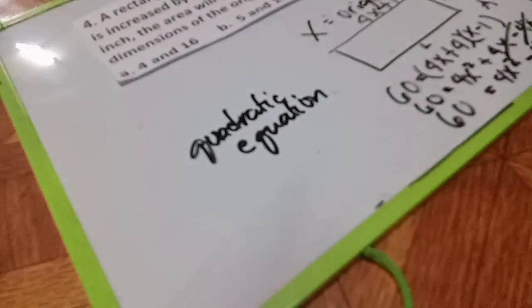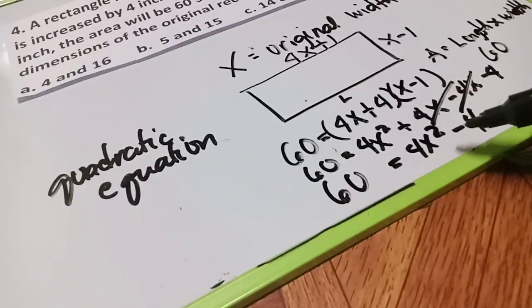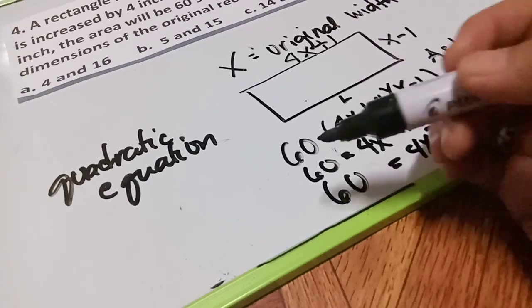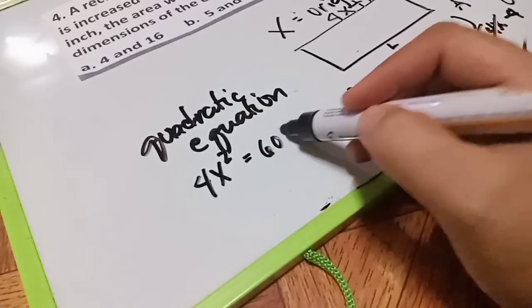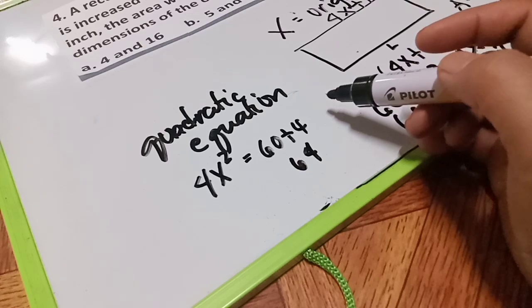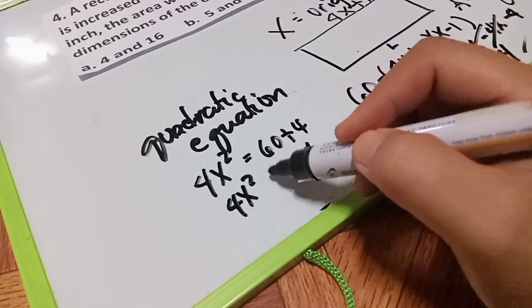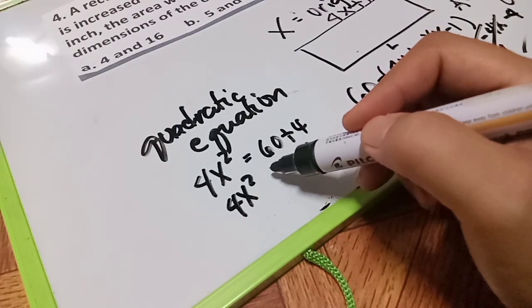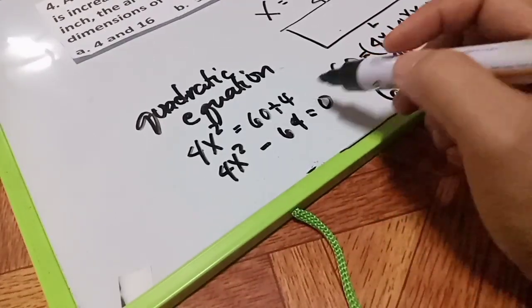Transpose: 60 plus 4 will become 64. Am I correct? And then after that, how do we factor 4x squared minus 64 equals 0?